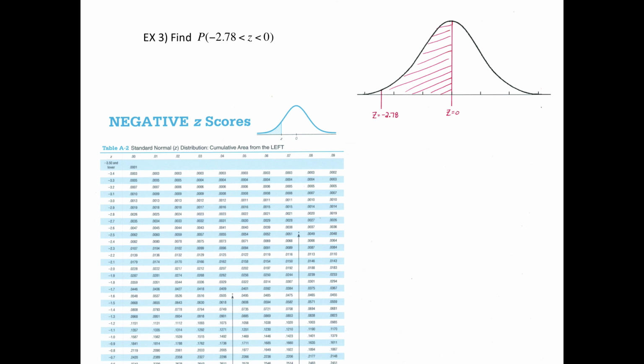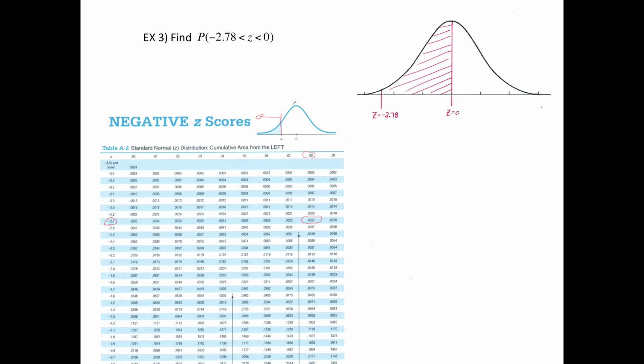How about when the z is between negative 2.78 and 0? Like I say, it's a good idea to draw the picture, indicate the shaded area, and we need to look up the negative z-score. So negative 2.78. Negative 2.7 is here. The 8 is here. Those two meet right here. On this picture, that's telling you what the left tail is.